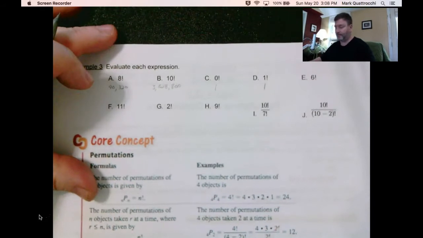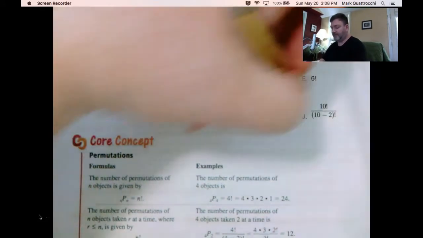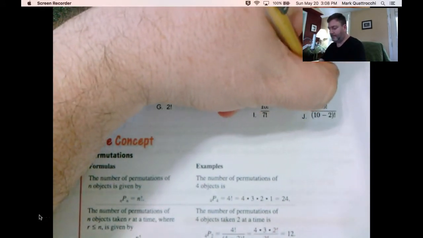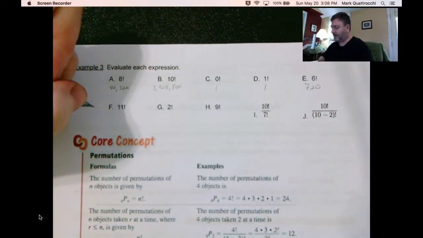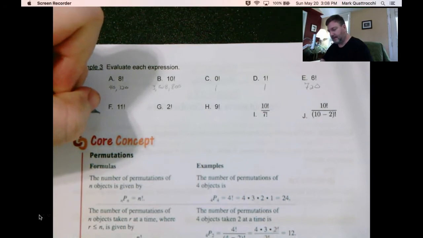6 factorial is 720. 11 factorial. These numbers get huge really fast.